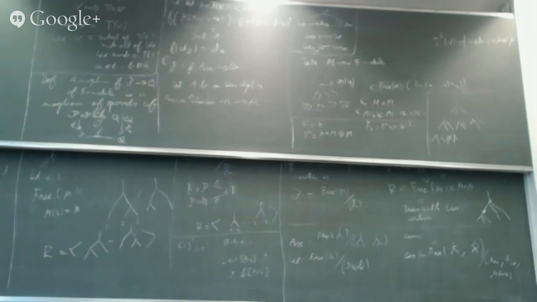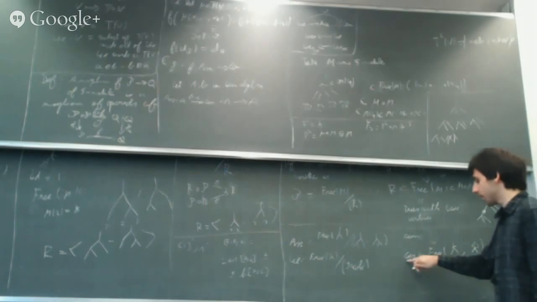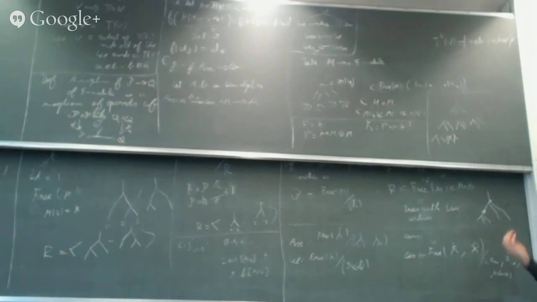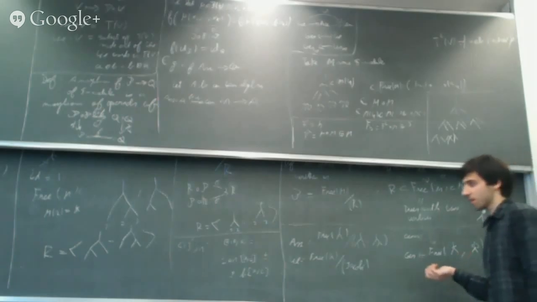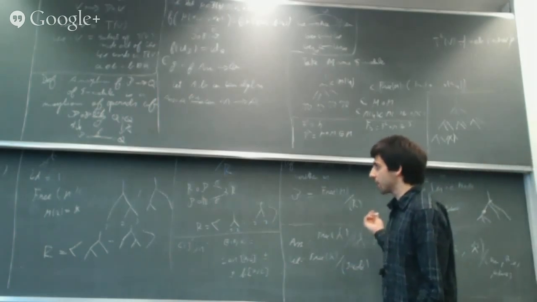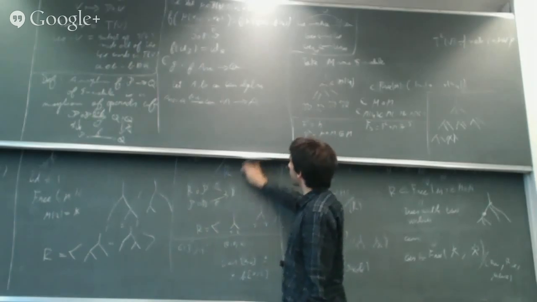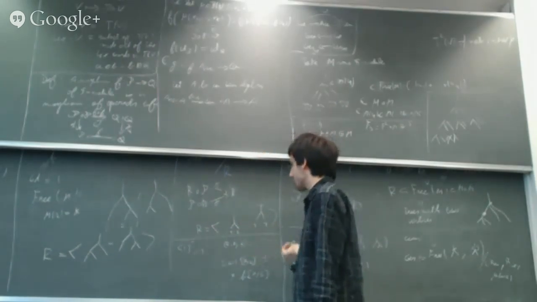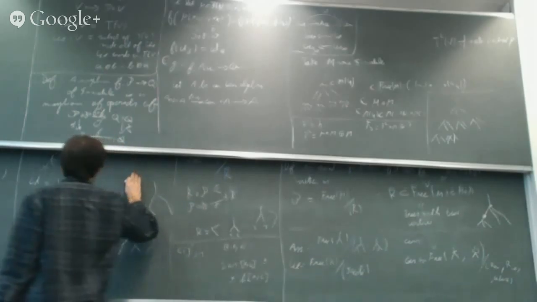Now, this is not a normal operad, it's a graded operad. The only thing it means, I mean, this should be defined, right? So what's an operad? An operad is an S-module with blah, blah, blah.